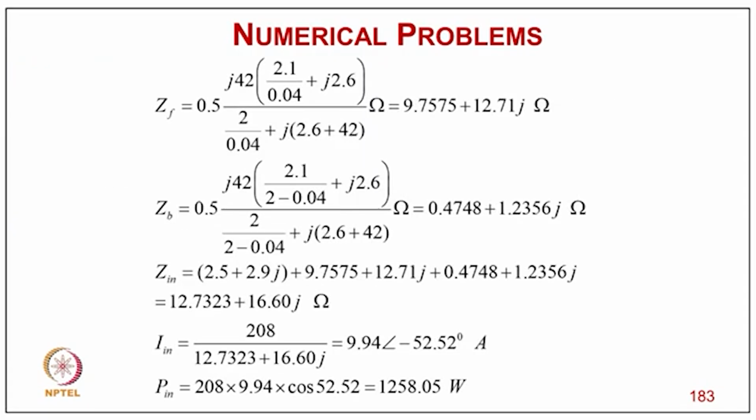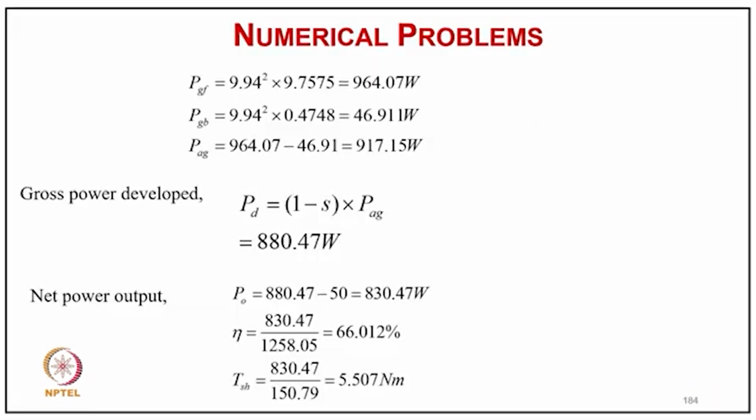You can calculate ZF from the formula, it comes 9.75. Similarly ZB, and ZD will be ZF plus ZB, and IN will be V upon ZD. You can calculate this, 9.94 at the angle minus 50, and PIN will be V into IN into cos phi, that comes 1258.05 watt.